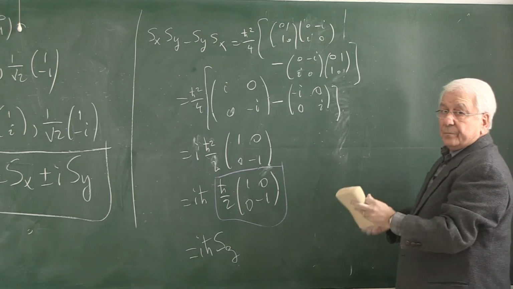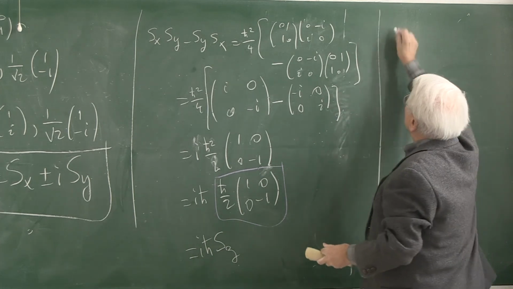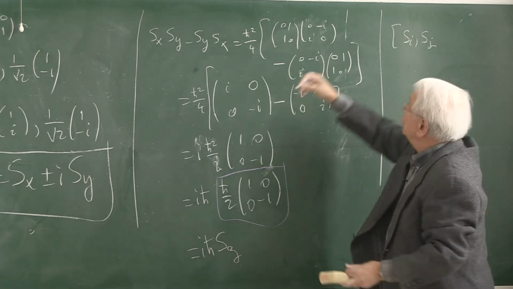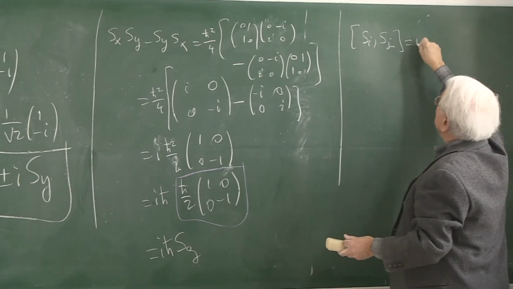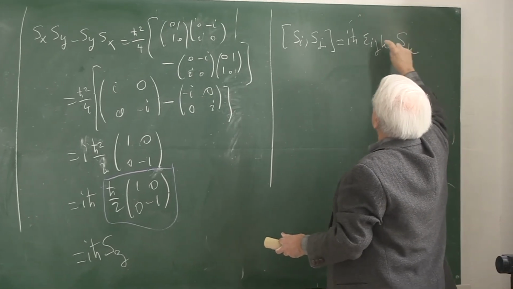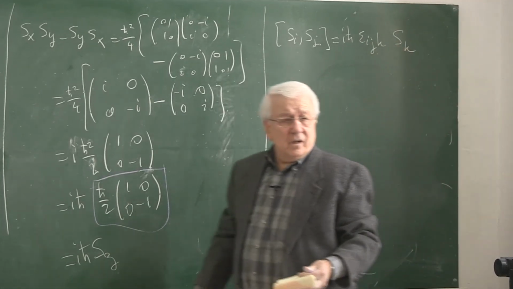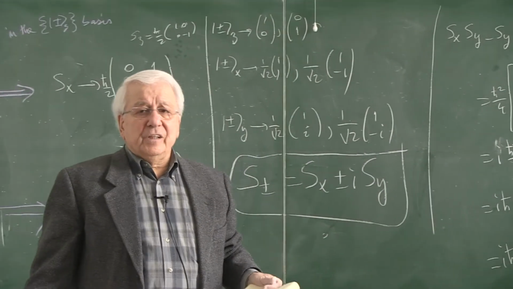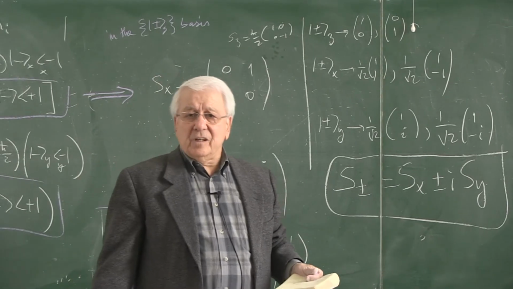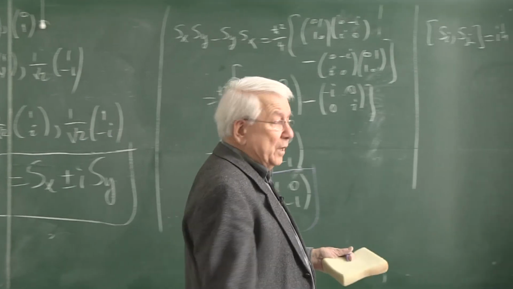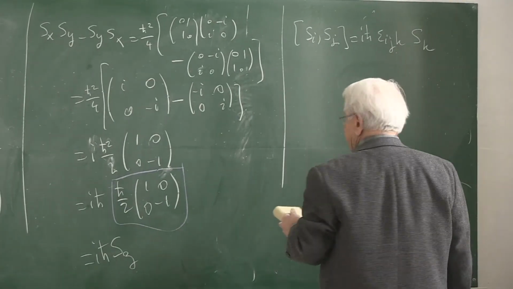I invite you again to check on your own, please, explicitly. You have all the tools exposed to your enjoyment. If i, j, k is in cyclic order, any two, x with y, y with z, x with z, satisfy that algebra, which can be verified immediately with the help of these explicit things.